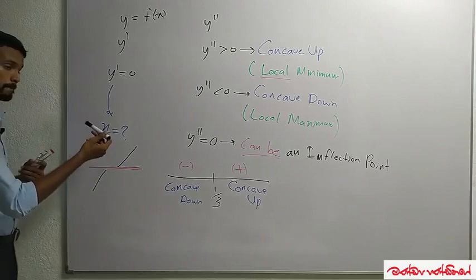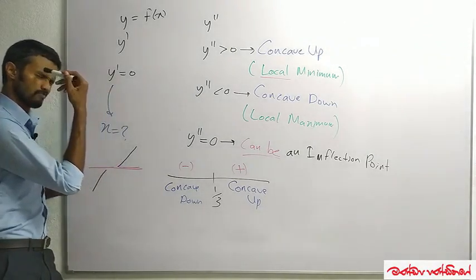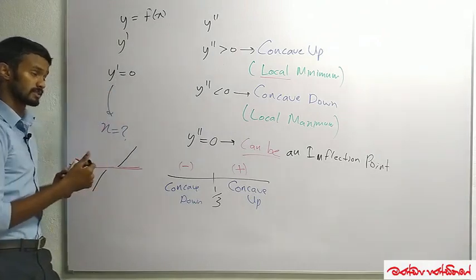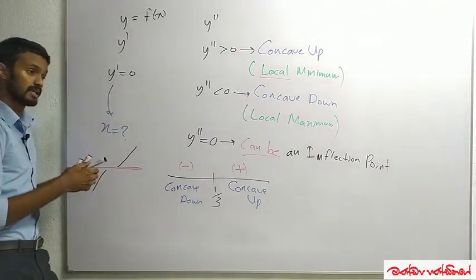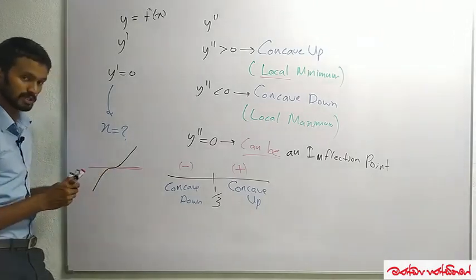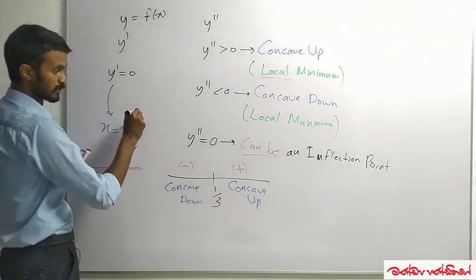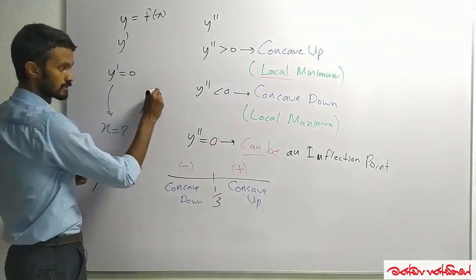So if we get an inflection point using the first derivative equal to 0, we have to draw that inflection point clearly like this.